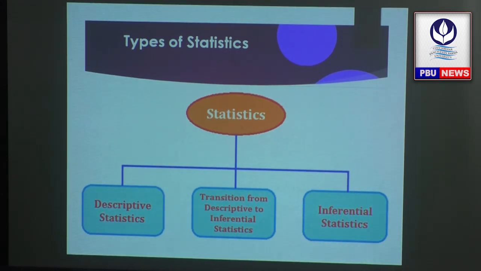Next, in statistics, how many types? In broad sense, it is basically 2 types: first, descriptive statistics and inferential statistics.